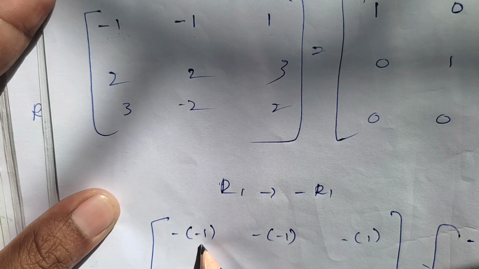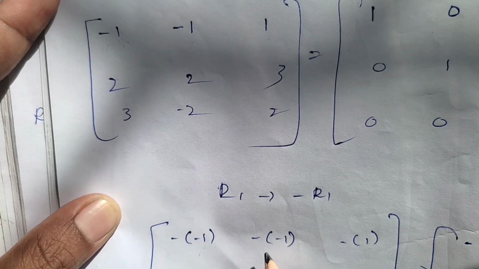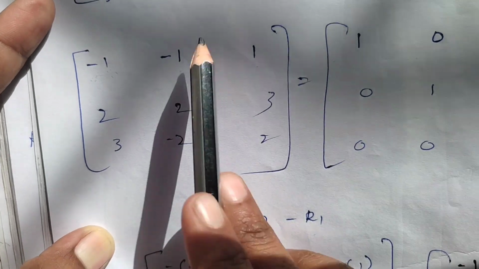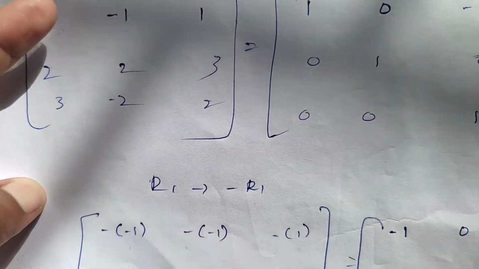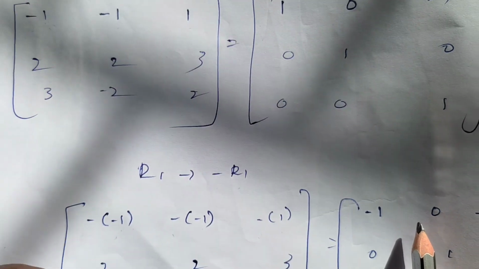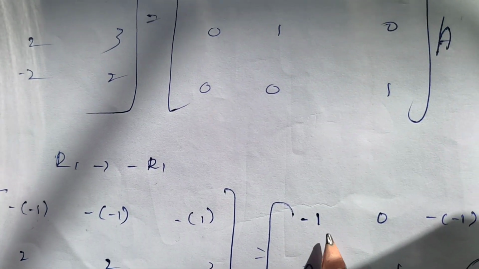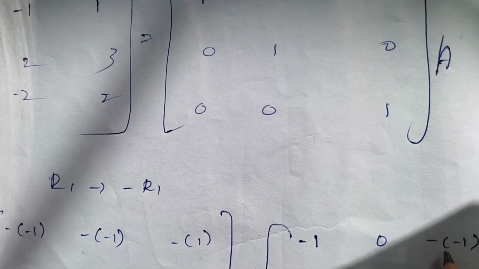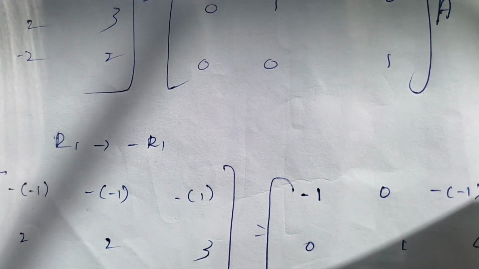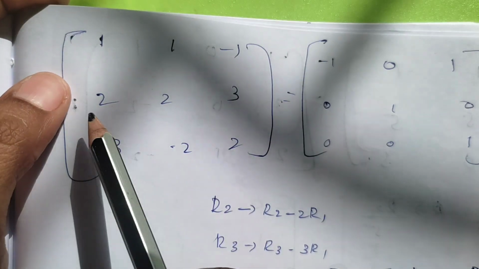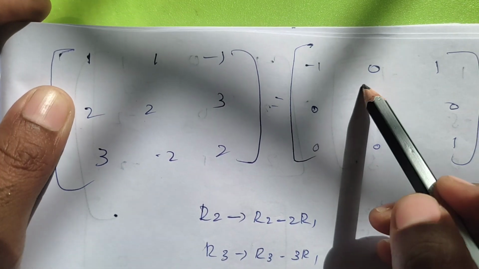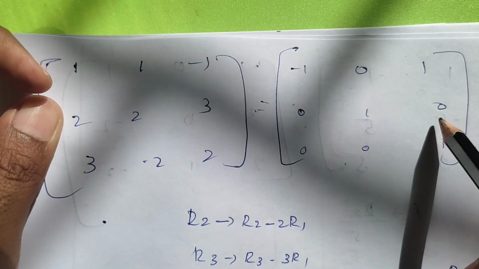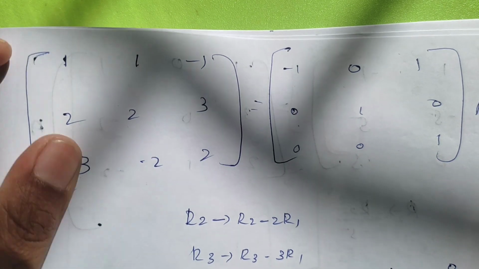Minus 1 into minus 1 will become 1. Again minus 1 into minus 1 will become 1. Minus into 1, minus 1. The same thing is on the RHS: minus 1, 0, and minus into minus plus 1. 1, 1 minus 1, 2, 2, 3, 3 minus 2, 2. Minus 1, 0, 1. 0, 1, 0. 0, 0, 1.